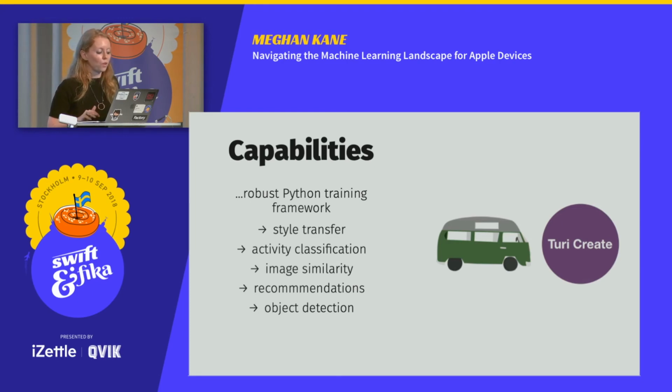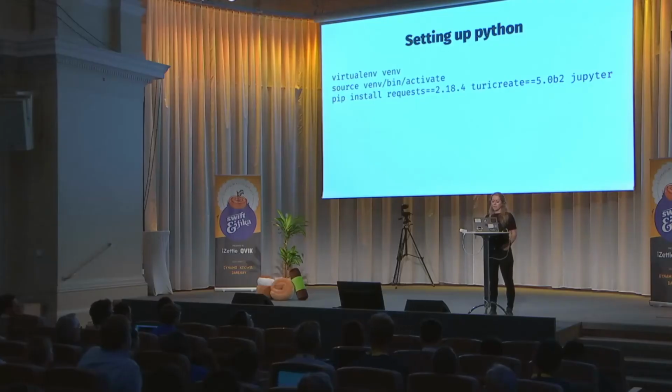So the additional capabilities of Turi Create, besides what's already available in CoreML, are style transfer, activity classification using sensor data, and then image similarity, recommendations, and object detection. OK, so you can just use your Python installation on your computer, but it's probably easier if you use something like virtualenv. So that's what I use, or you can use Anaconda, or you can even use a Docker container.